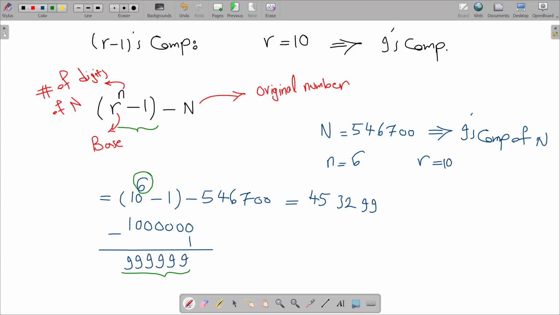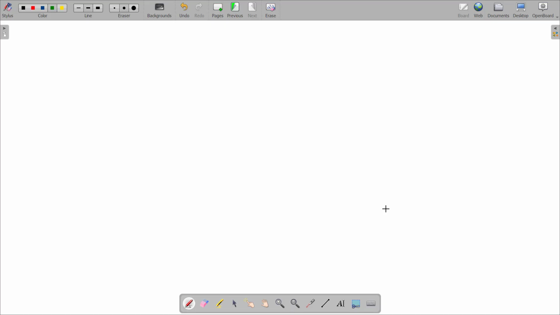You can find the value of these parentheses: 9, 9, 9, 9, n times. Then subtract the original number. You can find the 9's complement. What about the binary number?